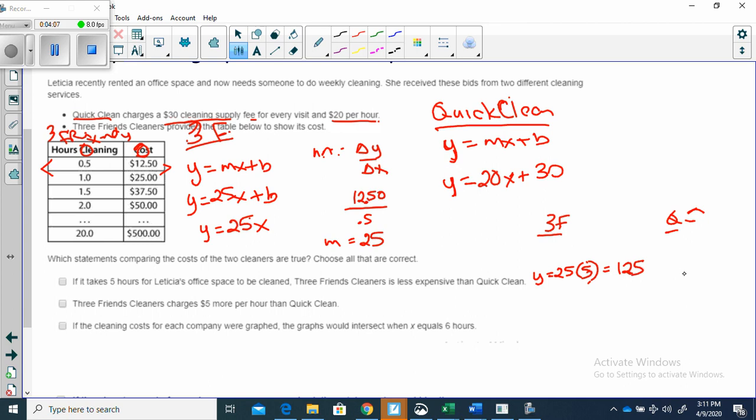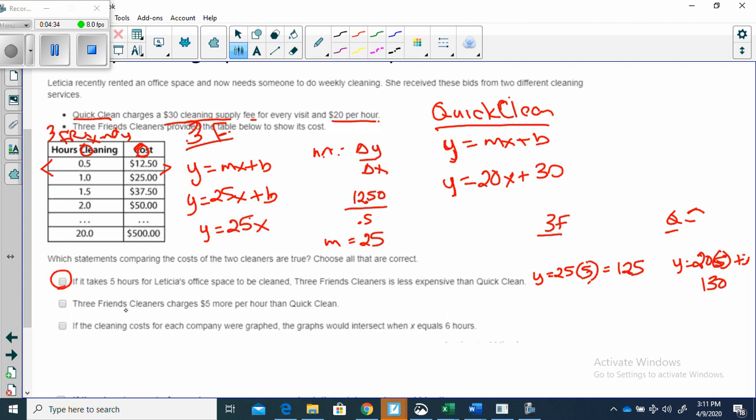Let's try Quick Clean. y is equal to 20 times 5 plus 30. 20 times 5 is 100, plus 30 is 130. Who's cheaper? Three Friends. Three Friends is less expensive? Yes, that would be true.